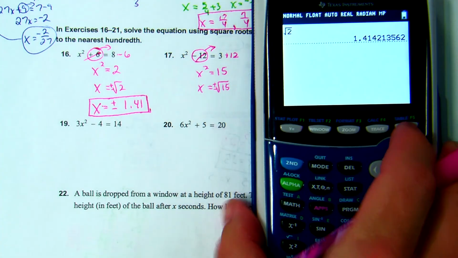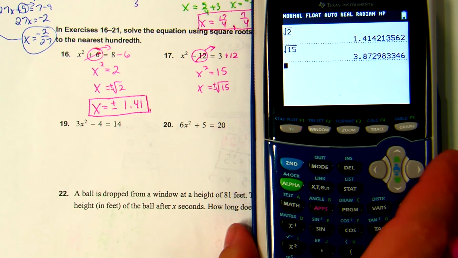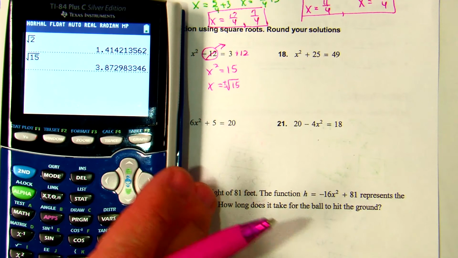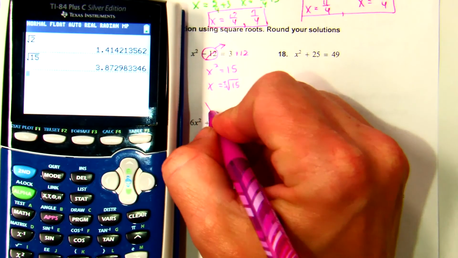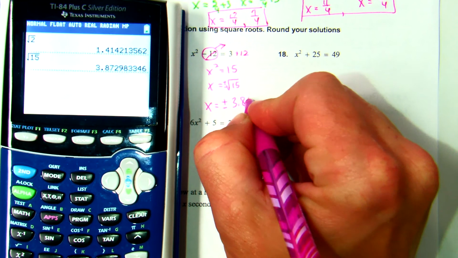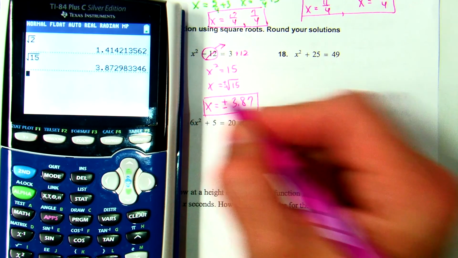If we put that in the calculator, second x squared, 15. Remember that the calculator only gives you the positive version here. We're going to have 3.87. So x is going to equal plus or minus 3.87, rounding to the nearest hundredth.